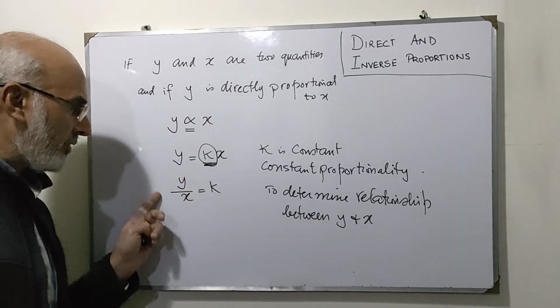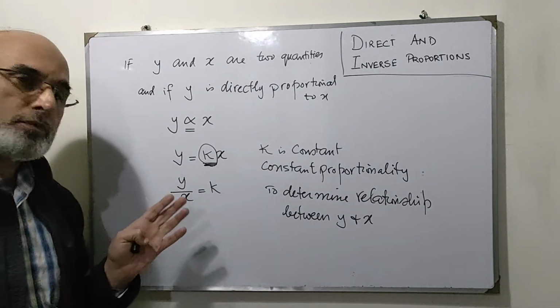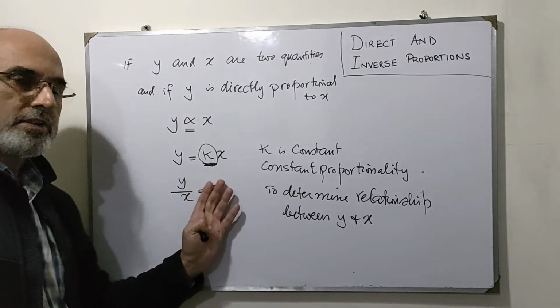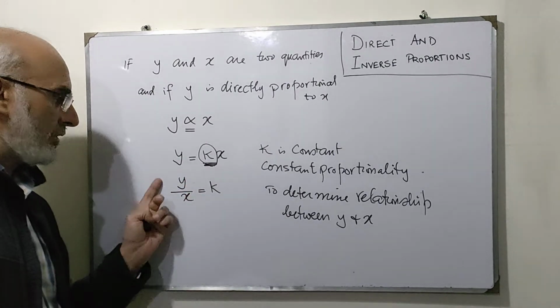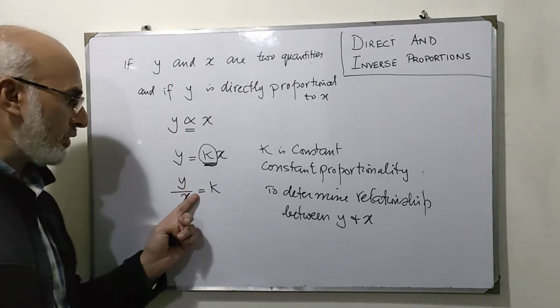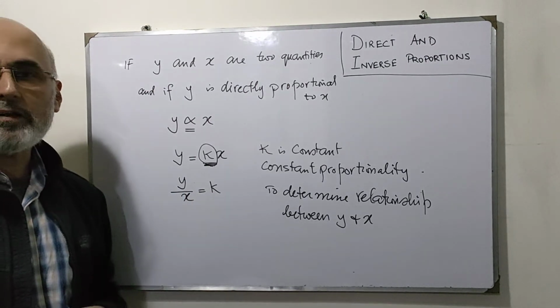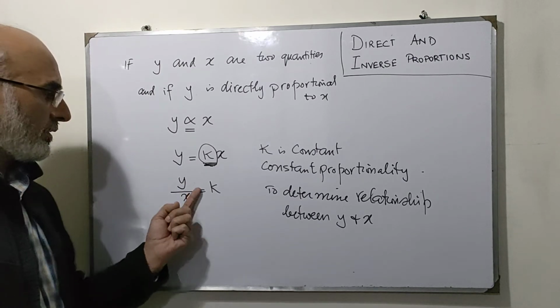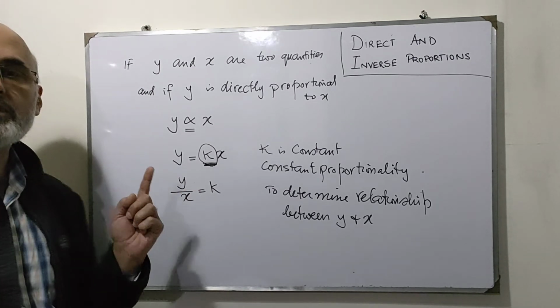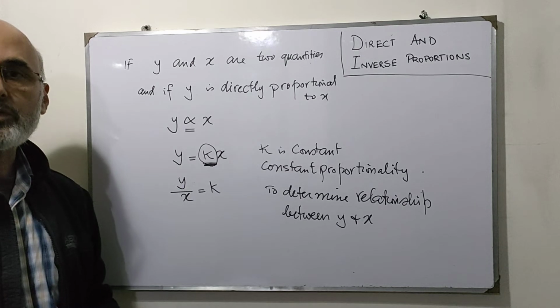So this is that ratio. We'll come to this k later, but first let's take this ratio. This is the ratio for direct proportionality. Let's take an example to understand how this ratio works.